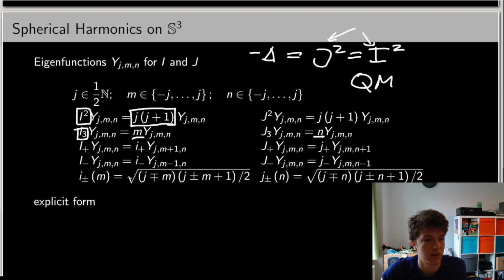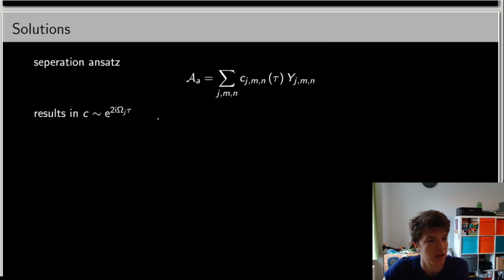And now with that we can also find an explicit form, doing a lot of calculations, and that was also fun, but it's long calculations.